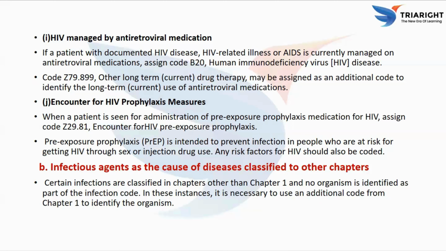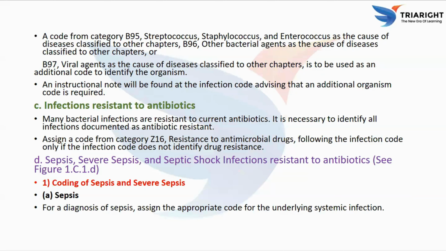So how do you code the infectious agents? Why are these codes used? Because sometimes the main diagnosis is in another chapter, and the diagnosis does not mention the organism. When the provider says which organism caused the infection, you must add an additional organism code. B95 is for streptococcus, staphylococcus, and enterococcus, B96 for other bacterial agents, and B97 for viral agents.